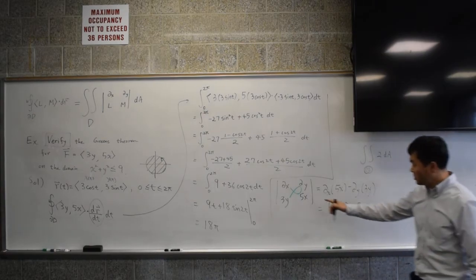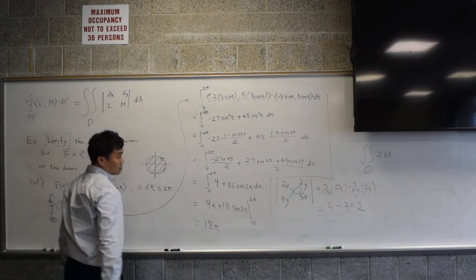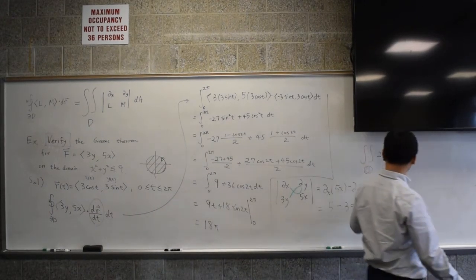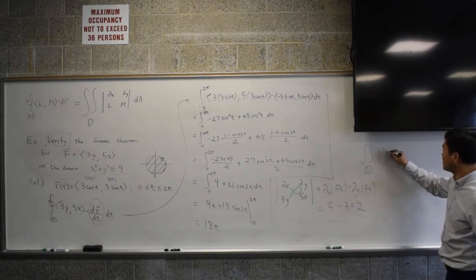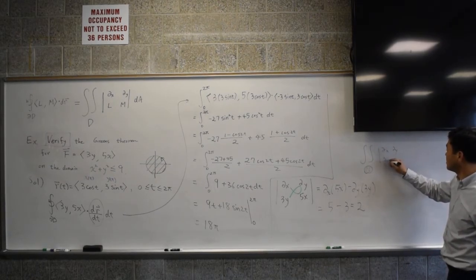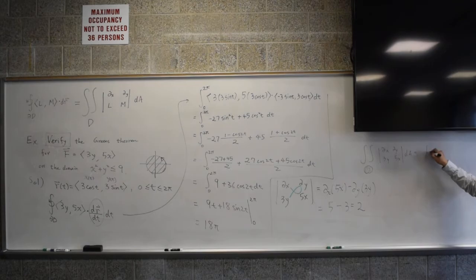Since this thing here is 2, I now have this. All right, let me just write it out. This is equal to the integral of 2 dA, and 2 can be pulled out, right?